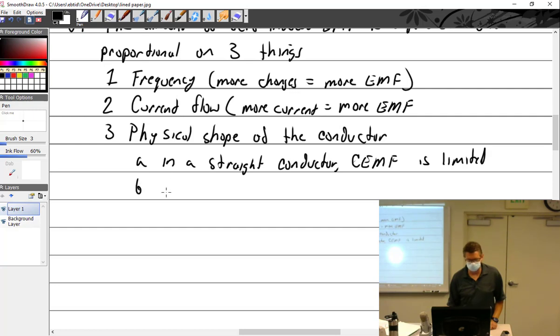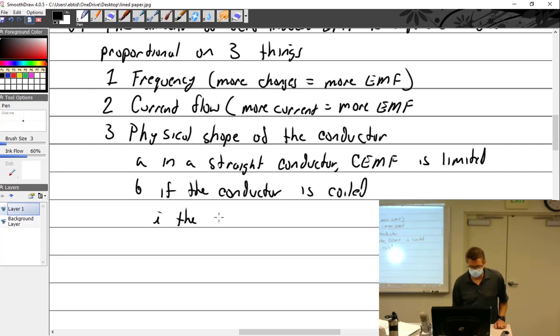if the conductor is coiled, what do we get? We get a coil. So the EMF produced in this same wire cuts through other wires at multiple points.